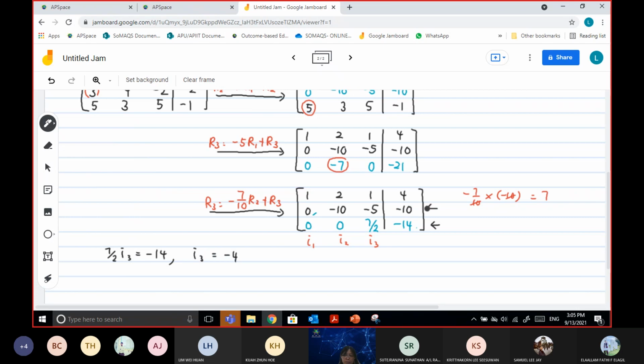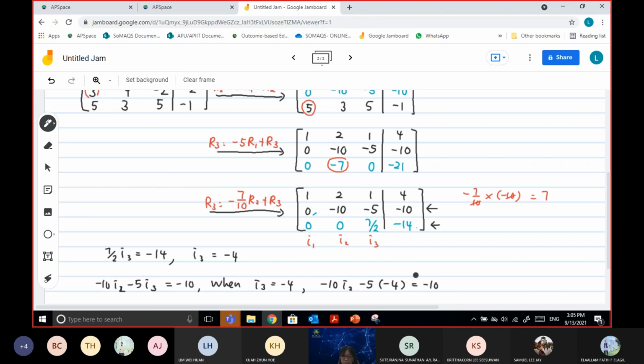Then I proceed to the second row, which is negative 10 I2 minus 5 I3 equals negative 10. When I3 equals negative 4, you will get negative 10 I2 minus 5 times negative 4 equals negative 10.